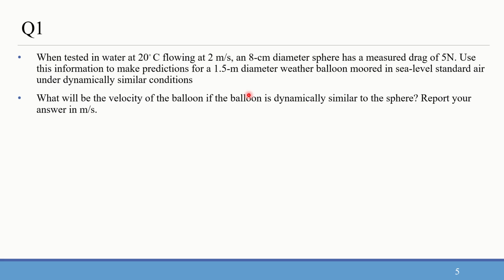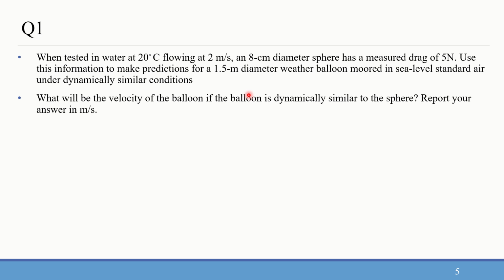There is one slide in which we explain what are all the similarities, like geometrical similarity, kinematic similarity and dynamic similarity. In dynamic similarity, it is nothing but where forces and everything are assumed to be similar. Here in the question, it is tested in water, so we have two conditions.